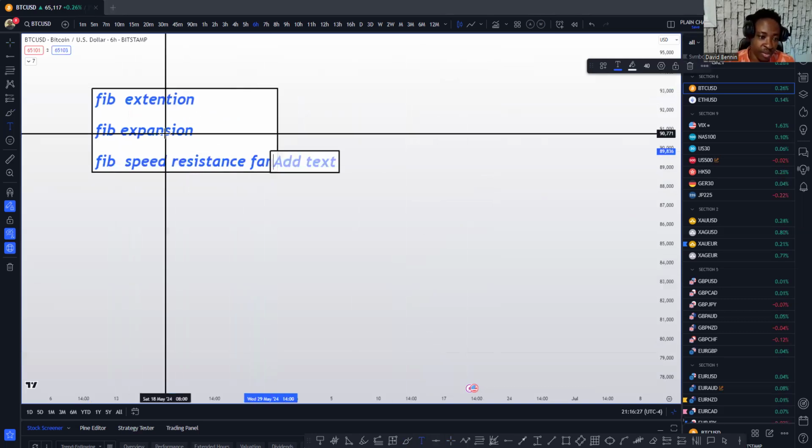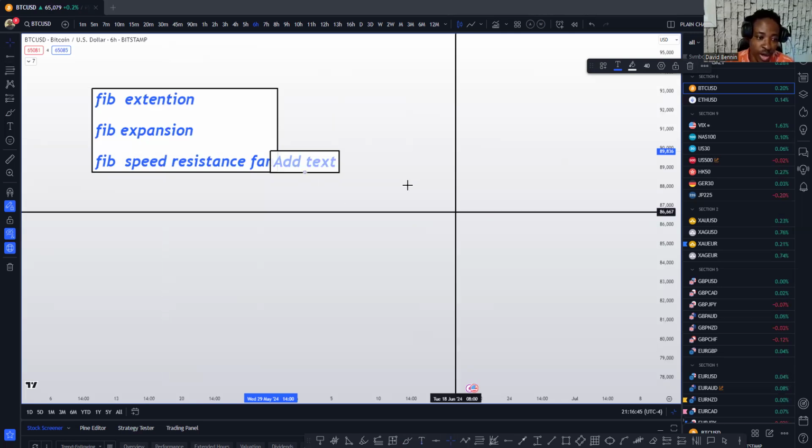But aside from that, the Fib expansion and the Fib extension, I think you can use them. Trend continuation and trend reversal are still trend trading strategies, which means it's not a range trading strategy, but you can still use it in the range depending on how you are approaching it.